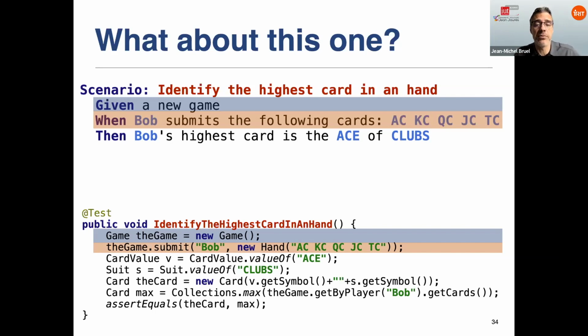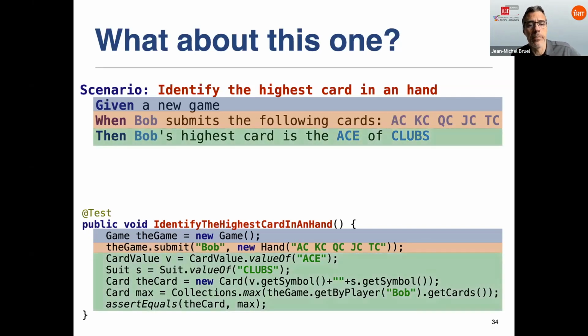So when Bob submits the following cards, of course we have a little bit of convention to describe the cards: ace of clubs and king of clubs, etc. So when Bob submits the following cards, then if we want to estimate the highest card in this hand, the highest card should be the ace of clubs.